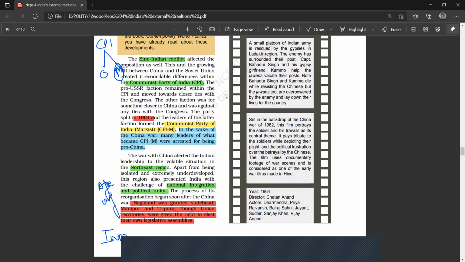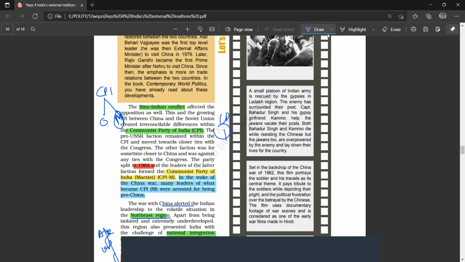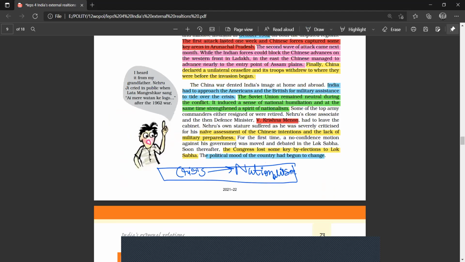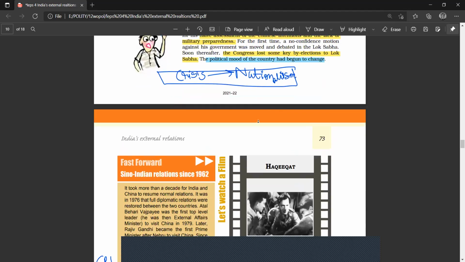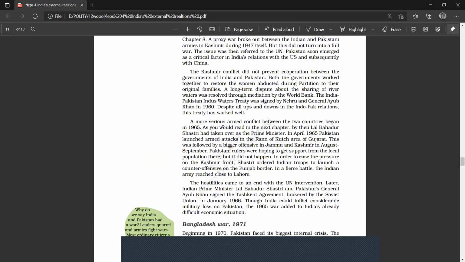These are the things that happened. The first thing, CPIM: national politics was changing. Second, the Northeast region became volatile. And third thing we can also write is that the spirit of nationalism grew. Our defense minister quit, and the ruling party suffered tremendous loss in the elections.